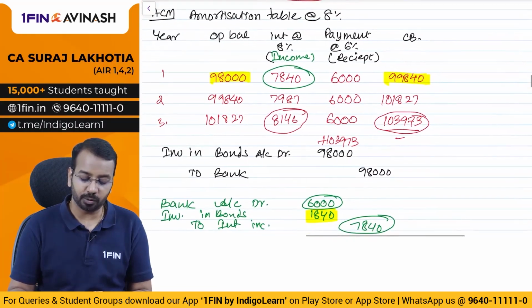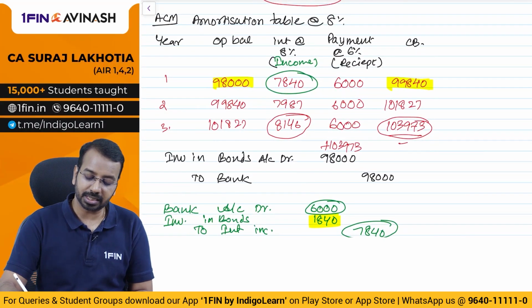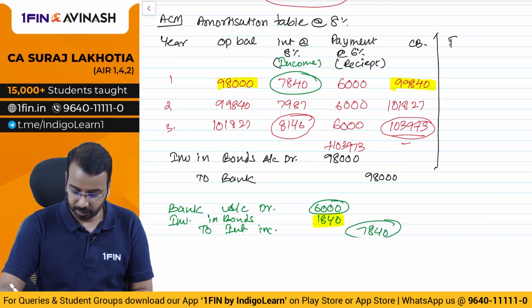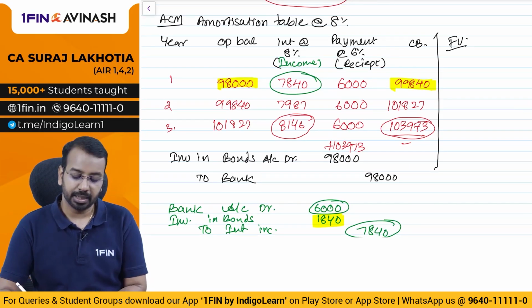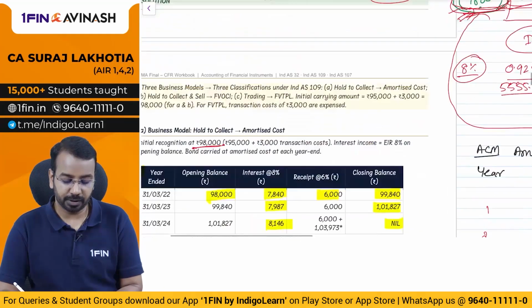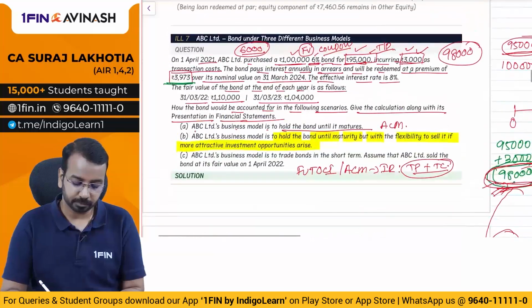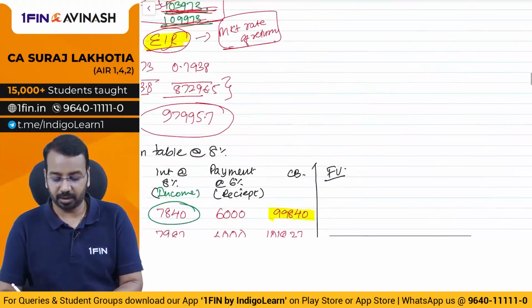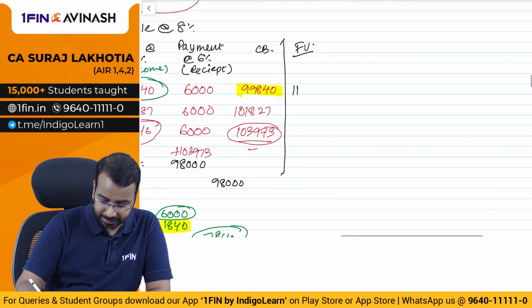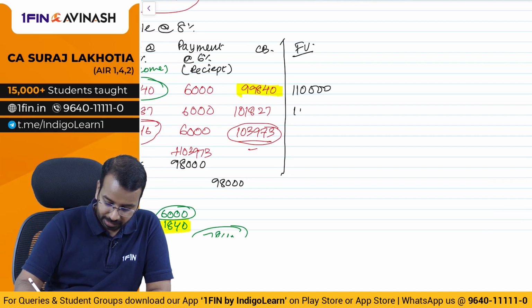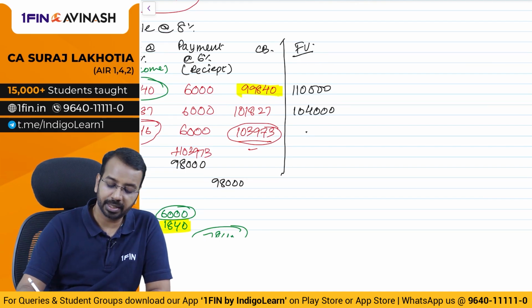Now, as far as the FVTOCI method is concerned, it is just an extension of this method. Here you will note what is the fair value. Now, the fair value at the end of each year they have given: 1,10,000 and 1,04,000.